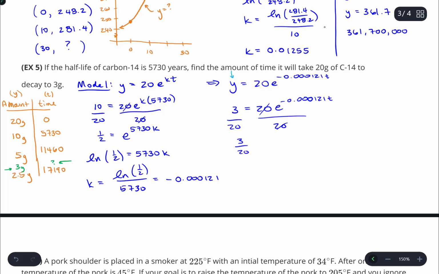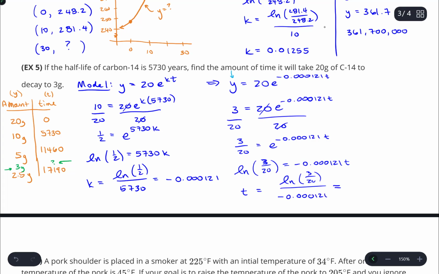And I have 3 divided by 20 equals e to the negative 0.000121 t. And I can't solve an exponential that has a variable in the exponent, so I need to switch into logarithmic form. So a log base e, which would be a natural logarithm of this side of the equation, 3 over 20, would be equal to the exponent.